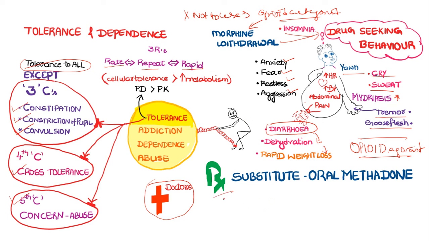What will be the treatment? Treatment consists of withdrawing the morphine and substituting it with oral methadone, which is a long acting opioid given orally. But cravings for opioid may persist, and sometimes it can lead to relapse also. How does methadone help in relieving the dependence as well as the addiction?